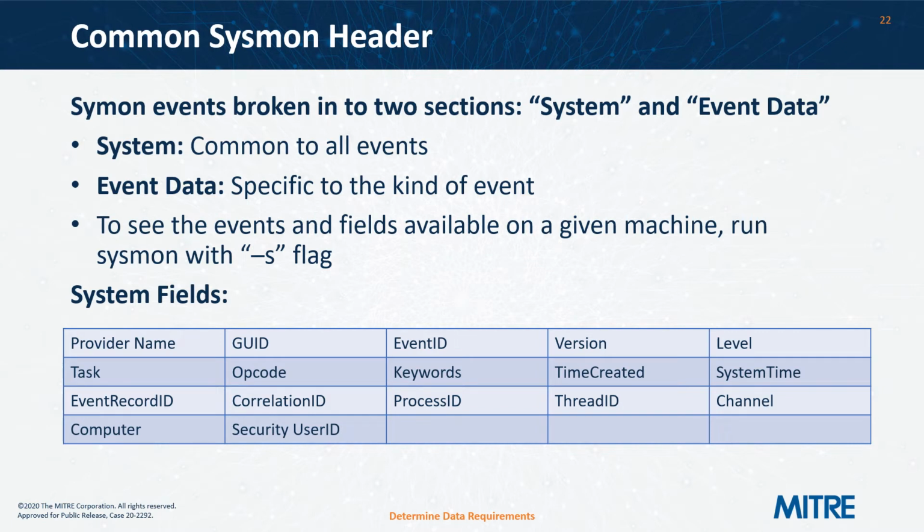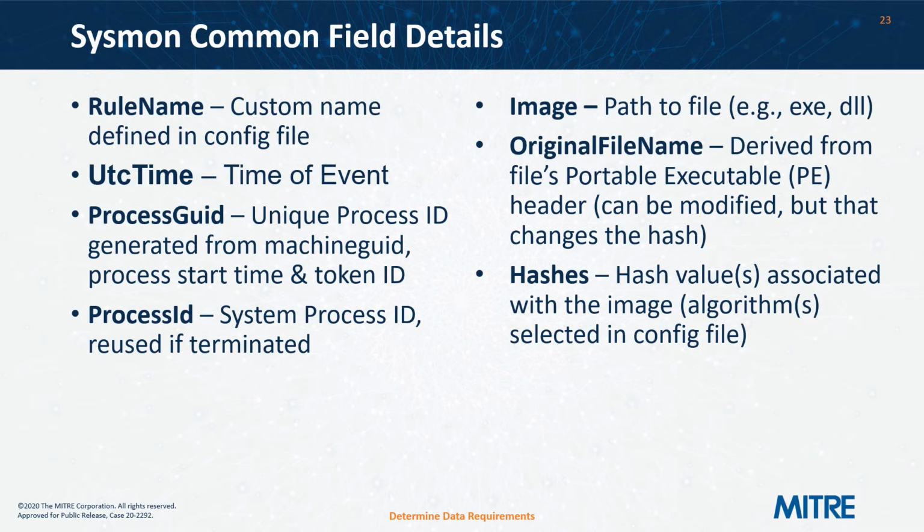Each Sysmon event contains two sections: a system section with fields associated with every type of event, as well as an event data section with additional fields specific to that event type. You can check the current Sysmon configuration on your machine by running sysmon -s. Within the event data section of Sysmon events, there are a few fields that are commonly present.